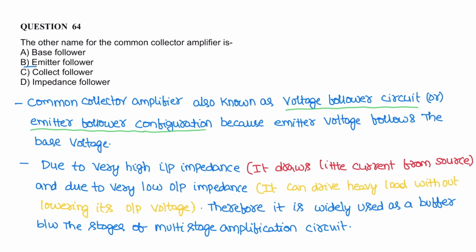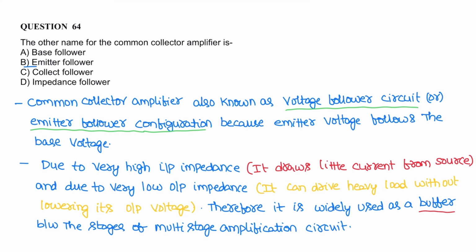Very low output impedance means it can drive a heavy load without lowering its output voltage. Because of high input impedance and low output impedance, this circuit is widely used as a buffer between the stages of a multi-stage amplification circuit. So the correct option is B, common collector amplifier. It is also called voltage follower or emitter follower.